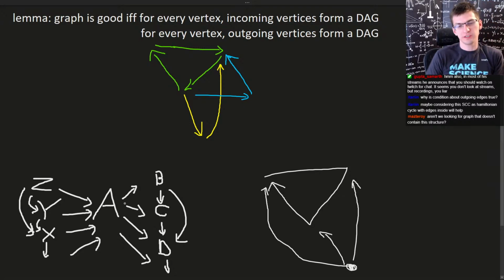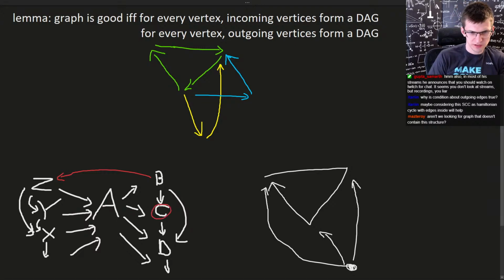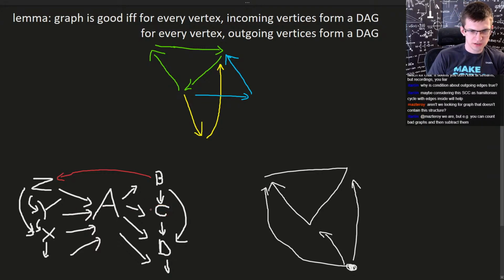Between every pair of vertices there is an edge. If there is an edge from B to Z, then we have a triangle. But from this triangle there are edges from A to C and from B to C, so there must be an edge like this. That's, I think, very nice.